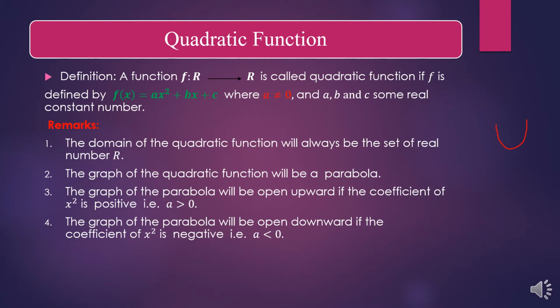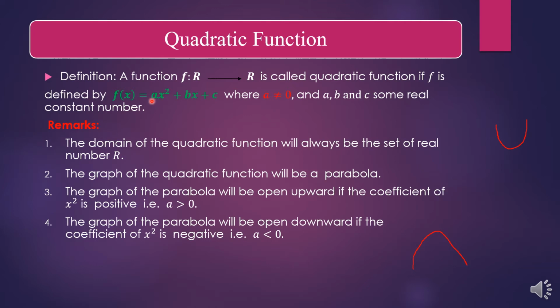Mathematically we write it like this: a is less than 0. So it will give you a downward opening parabola like this.